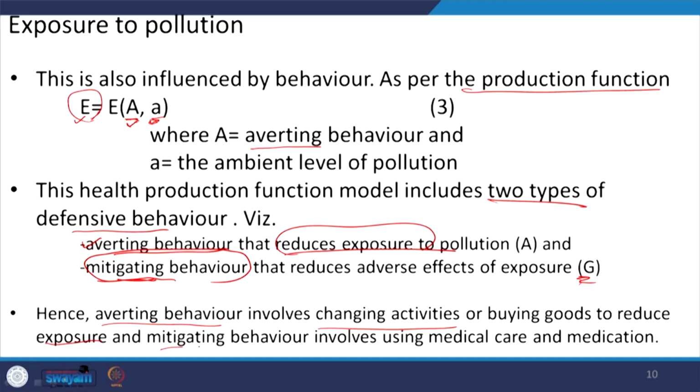And what is mitigating behavior? It involves some kind of medical care or medications, consulting the doctors in order to reduce the adverse effects of the exposure. So, this is how it talks about these two things.